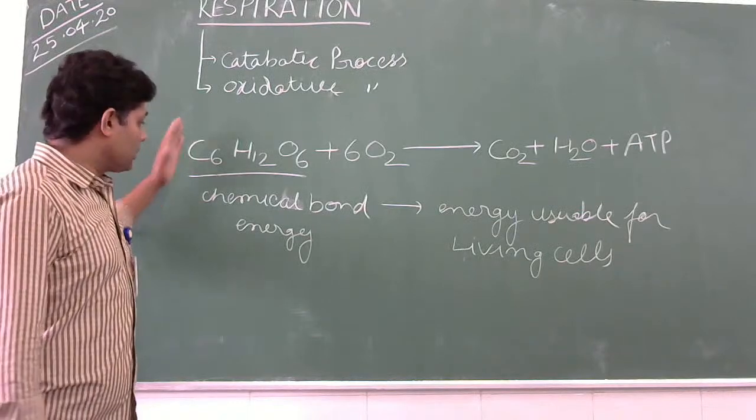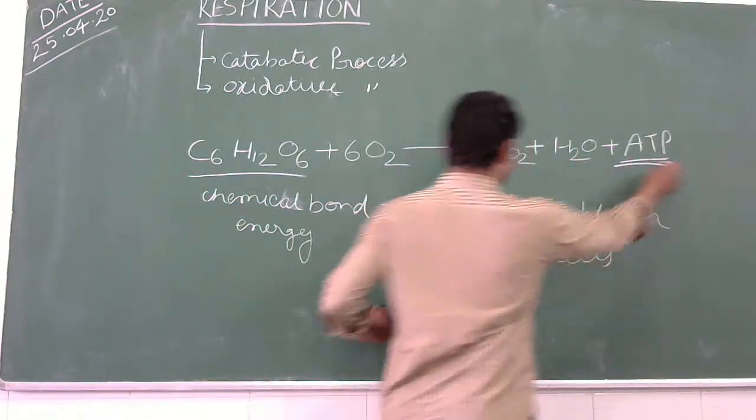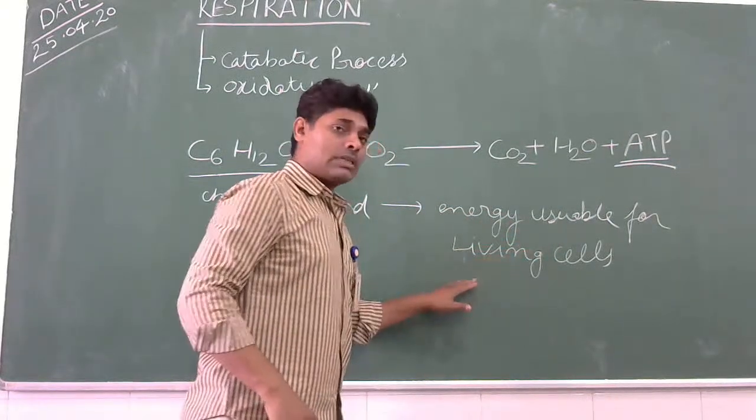This glucose molecule is the chemical bond energy, and this ATP is energy usable for living cells.